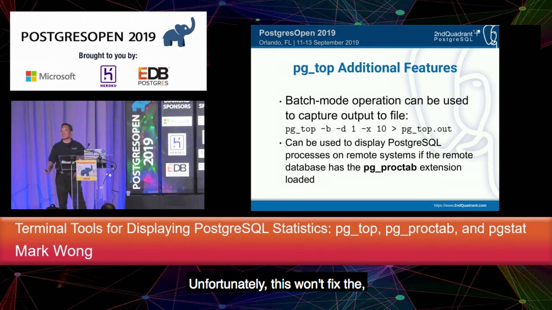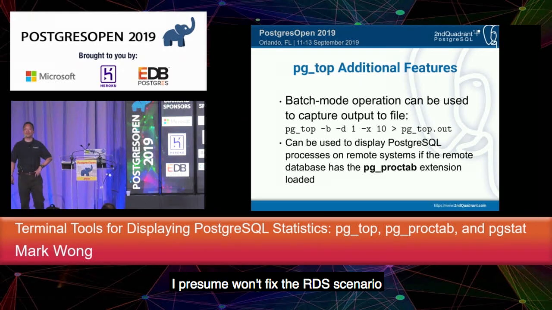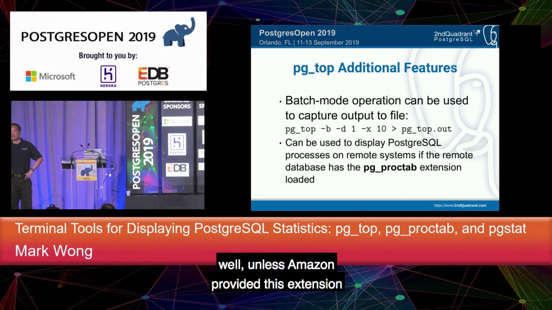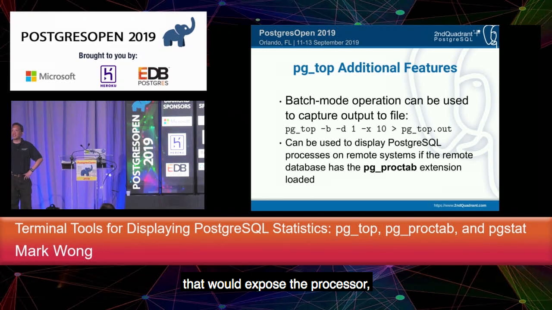Unfortunately, I presume this won't fix the RDS scenario unless, for some reason, Amazon provided this extension that would expose the process table information from RDS.